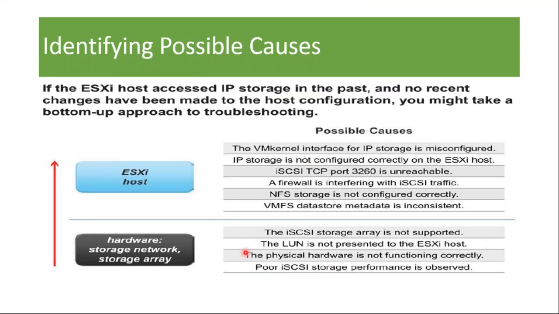Okay. And the third is the firewall interfering with the iSCSI traffic. Sorry, iSCSI TCP port 3260 is unreachable. If your network admin has blocked this particular port on your network environment, then your IP storage will stop provisioning storage to your ESXi host.